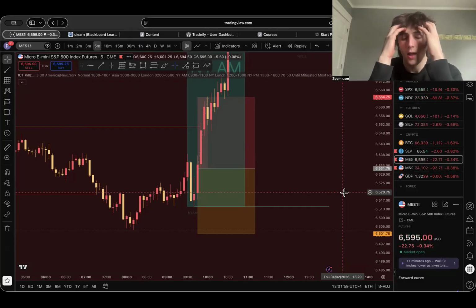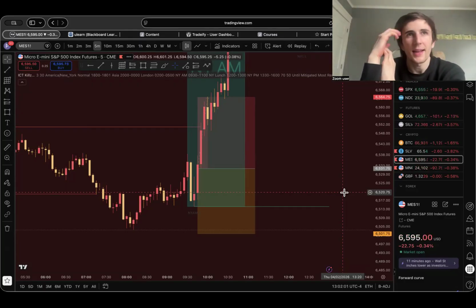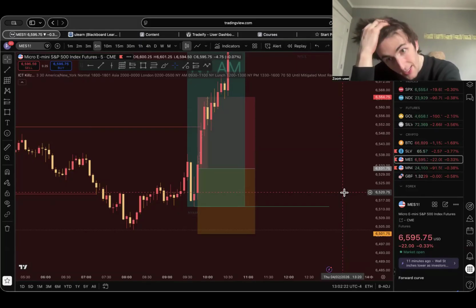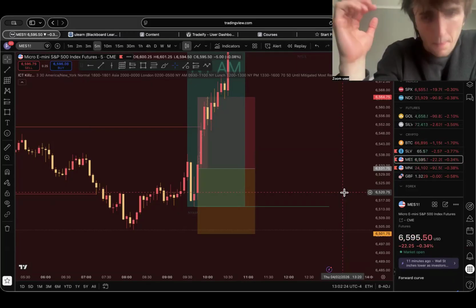I wouldn't even consider it a PB strategy. I wouldn't consider it a Dodgy strategy. I wouldn't consider it a specific person's strategy. I think that it's the ICT trading concepts, right?